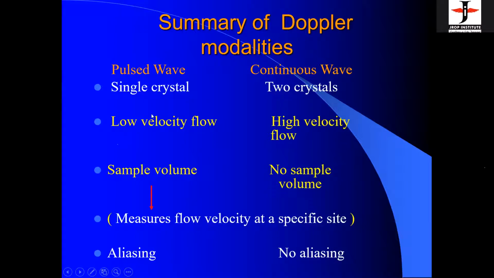So the basic thing is pulse wave, low velocity flow; CW, high velocity flow. Pulse wave can record from a very specific site by a sample volume, but CW records throughout the whole Doppler beam. And because there are certain restrictions on the velocity, pulse wave produces aliasing and CW does not.